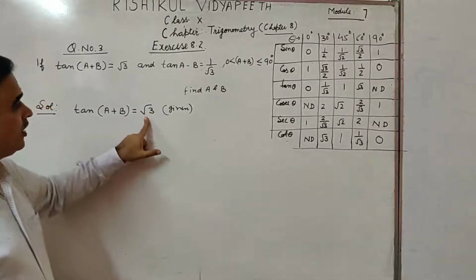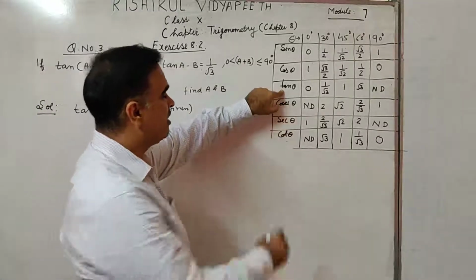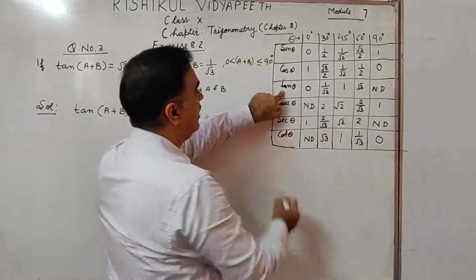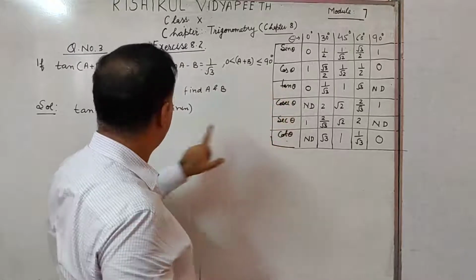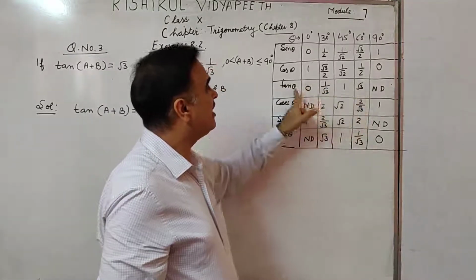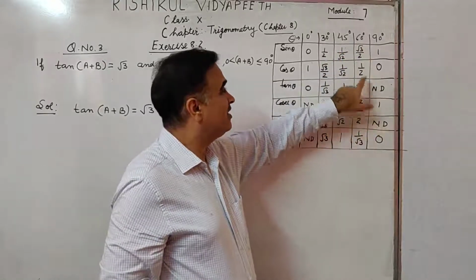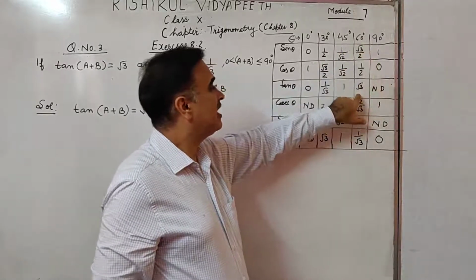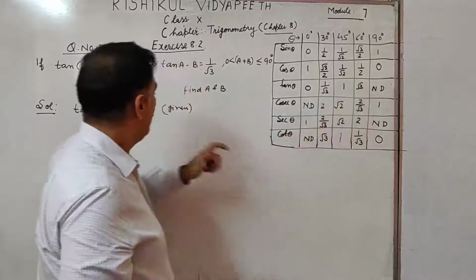But in tan, if you go in this table, what will you find? In tan, where is root 3? Tan, root 3 is here when theta is 60 degrees. When theta is 60 degrees, then tan is root 3.